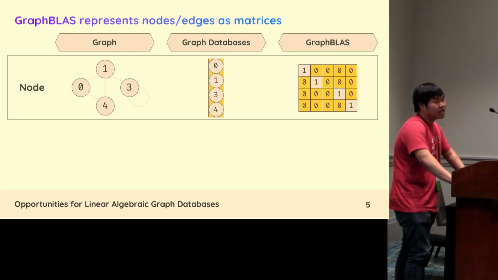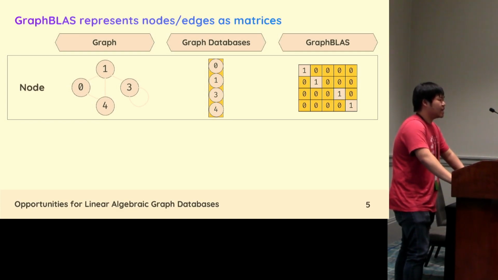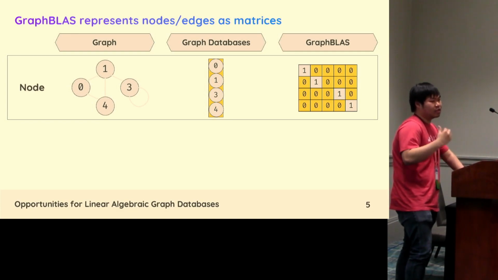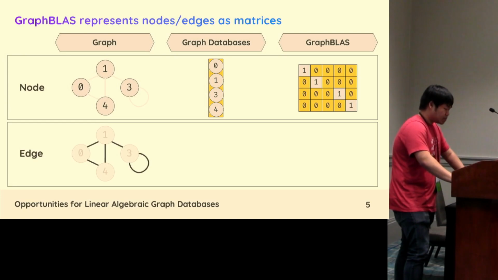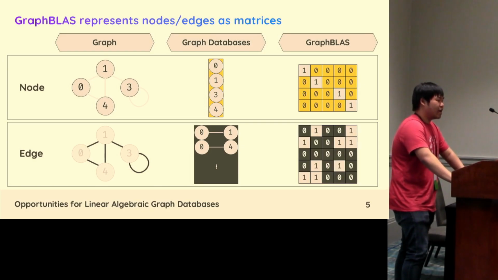For GraphBLAS, we can represent a set of nodes as a node matrix, where each row in the node matrix represents a node identifier by its non-zero index. For edges, we can visually represent edges as links between nodes. For graph databases, we can represent a set of edges as an edge list. And for GraphBLAS, we can represent a set of edges as an adjacency matrix.